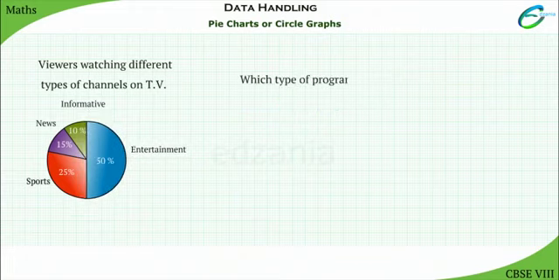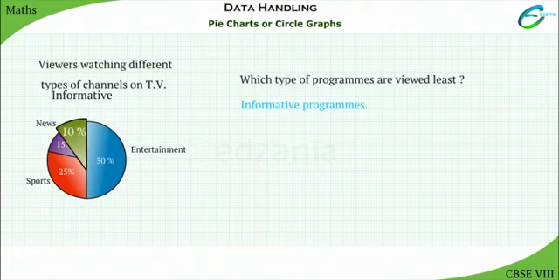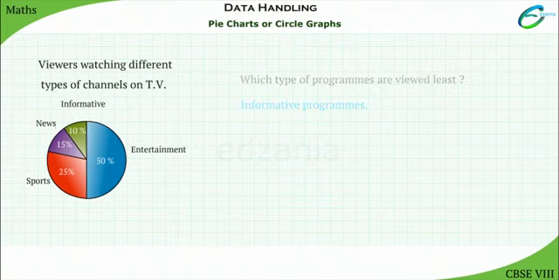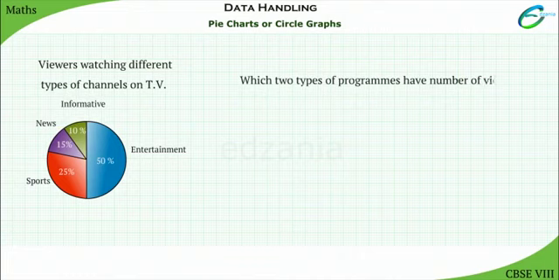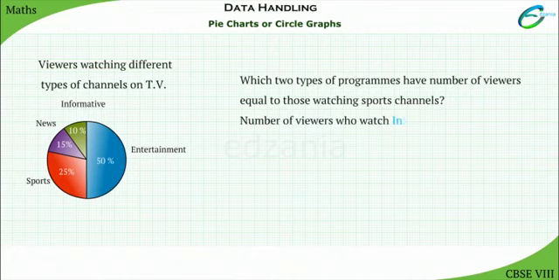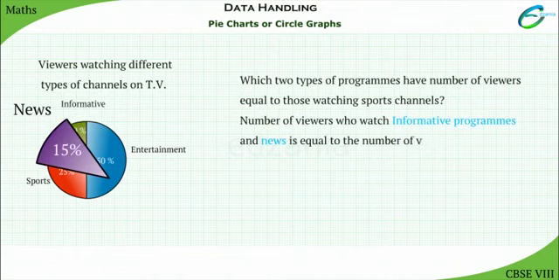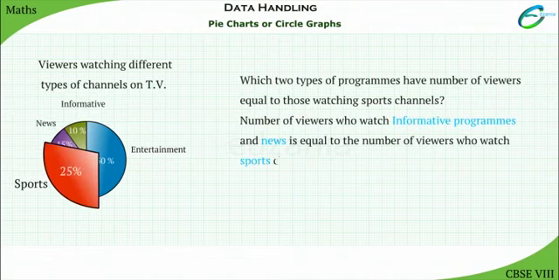Which type of programs are viewed least? Informative programs. Can you tell which two types of programs have the number of viewers equal to those watching sports channels? The number of viewers who watch informative programs and news is equal to the number of viewers who watch sports channels.